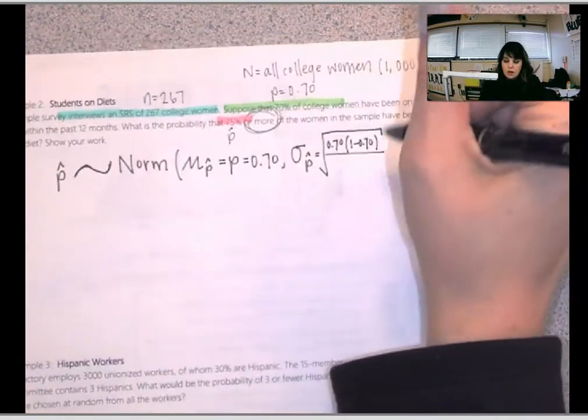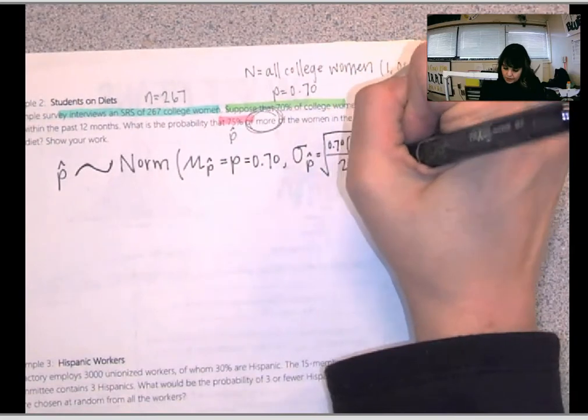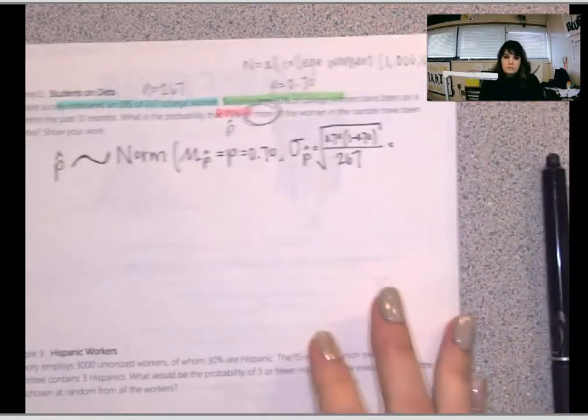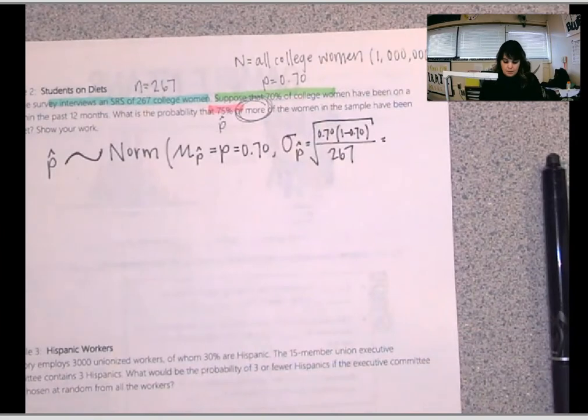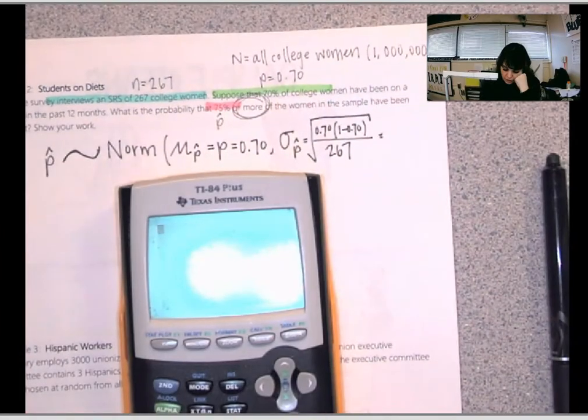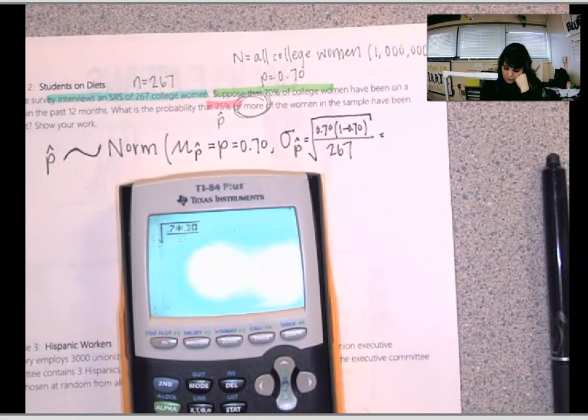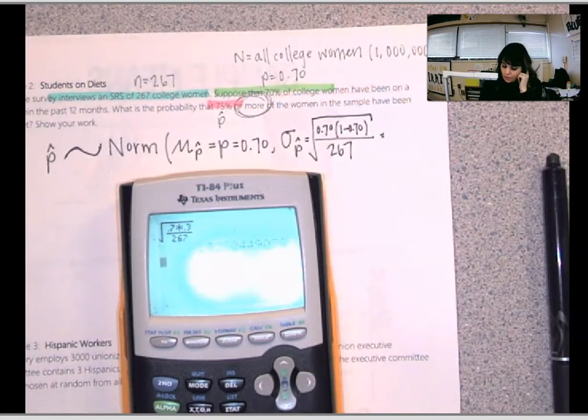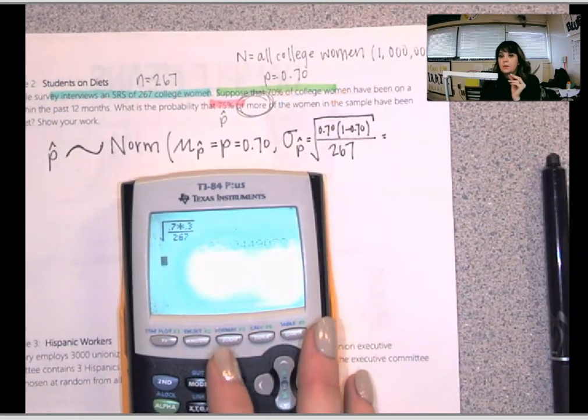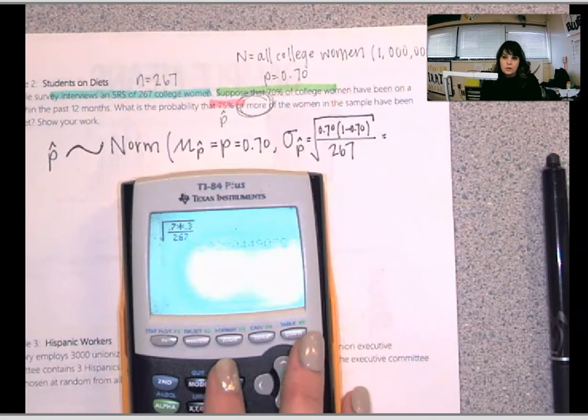All over our sample size of 267. Then I'm going to plug that into my calculator. So I'm going to hit blue button, root button, green button, y equals button. 0.7 times 0.3 divided by 267 is going to give me a sigma sub p hat of 0.028, and hopefully you already knew that because you had to calculate it in your quiz.